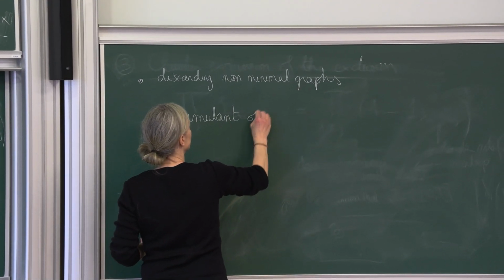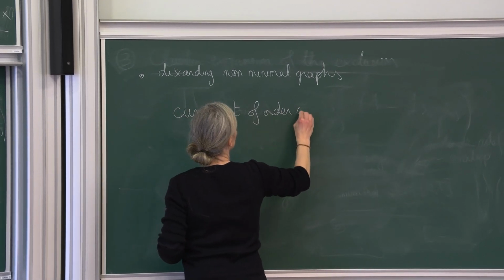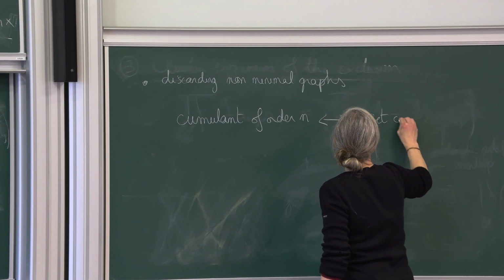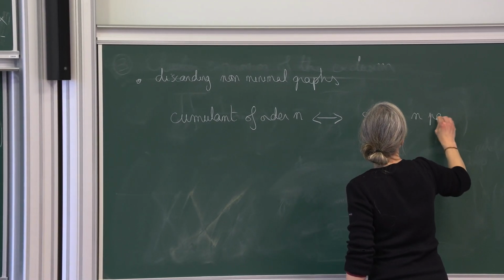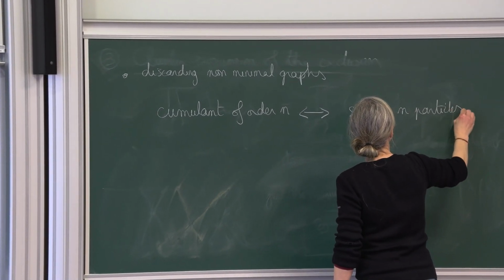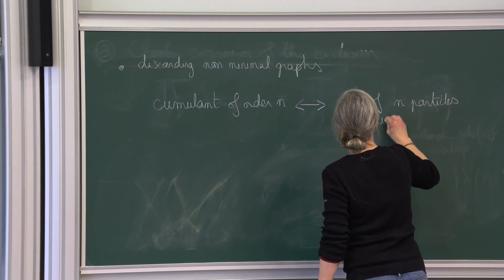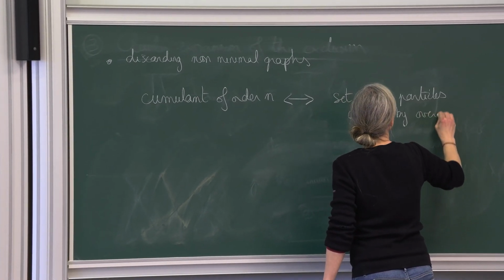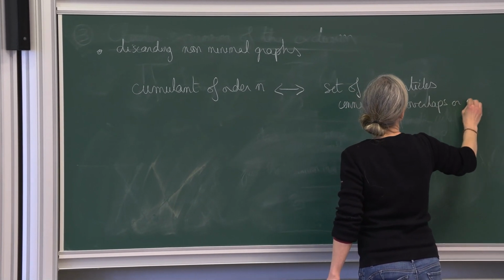So the cumulant of order n corresponds exactly to a set of n particles connected by overlaps or collisions.